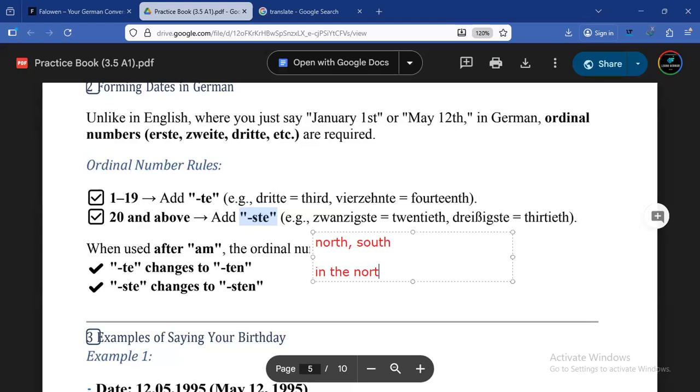In the northern part or in the southern part. That means that an additional ERN will come and join. Same with German. When we did the north and south, you realize that Nord, Süd, which is south, is going to be Süden. And Ost is going to be Osten. So we add an additional EN to it.